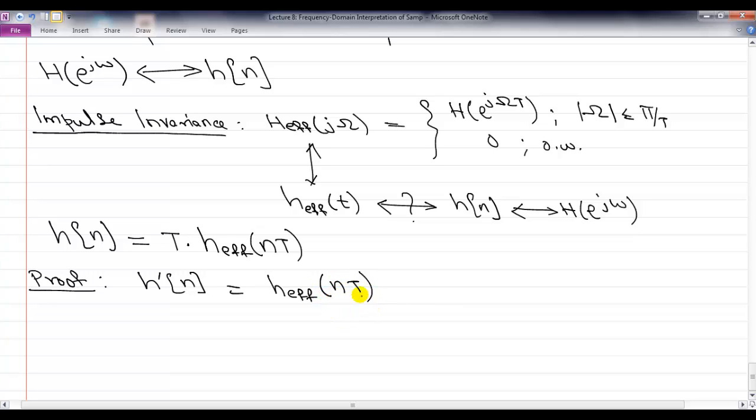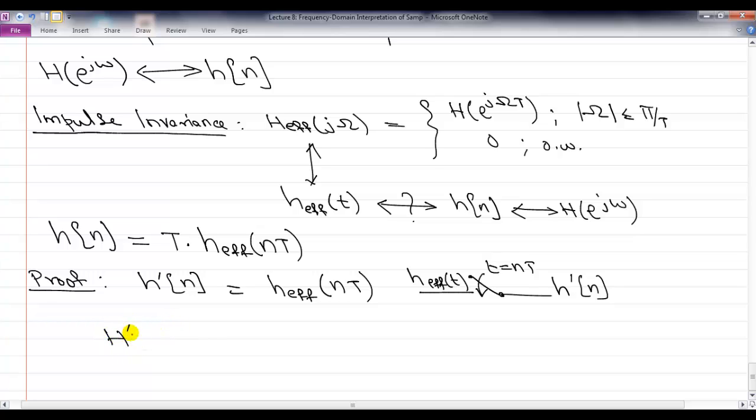Now just think of this h_eff(t) as a signal. We don't care whether it's an impulse response or not. It is a continuous time signal. So if I sample it every T seconds, what I'm doing is just this block. I have h_eff(t), and at the output I'm calling it h'[n], and I'm sampling it every T seconds.